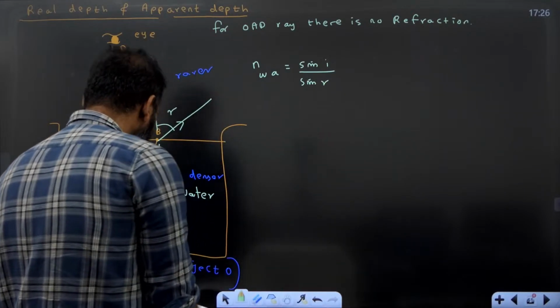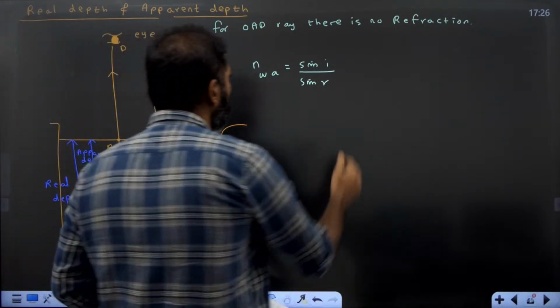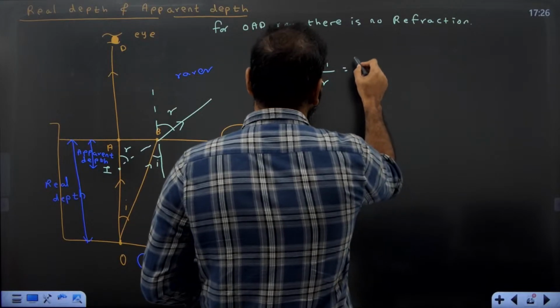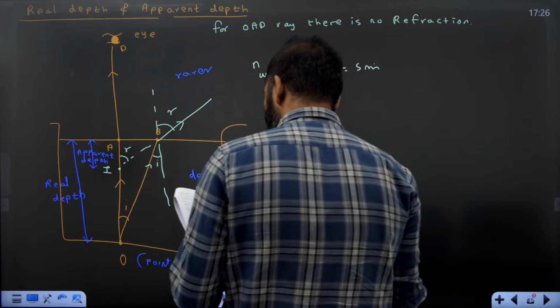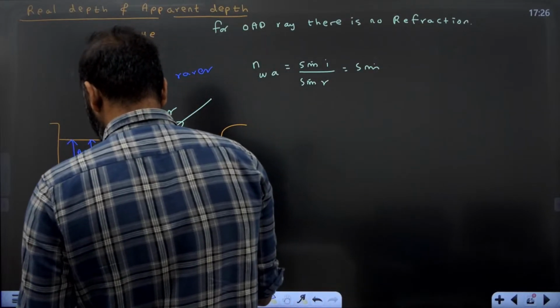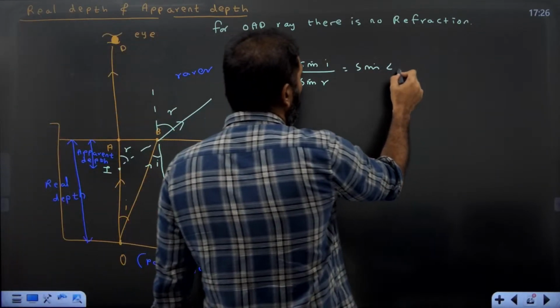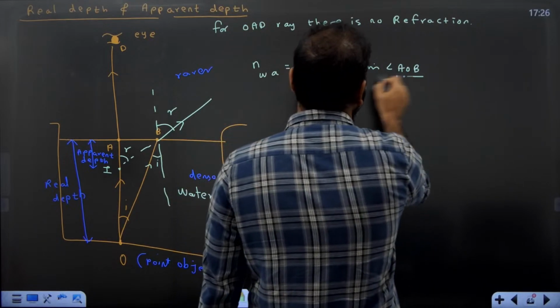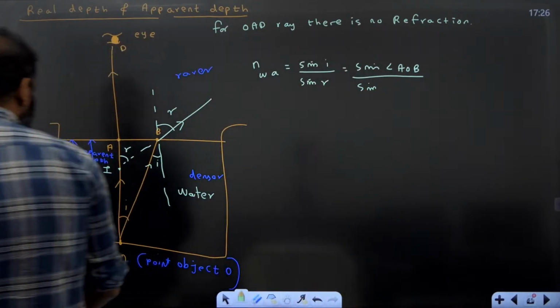What is sin i? Sin i is angle AOB. Sin angle AOB divided by sin r. Sin r is what?